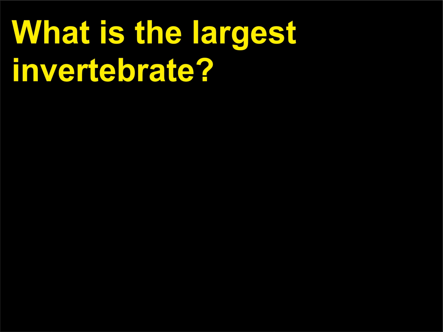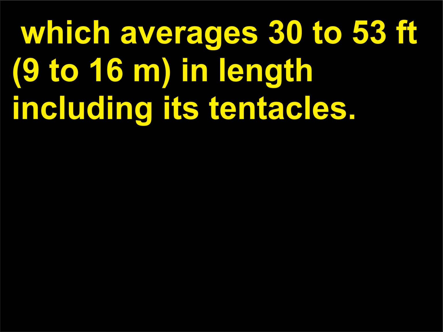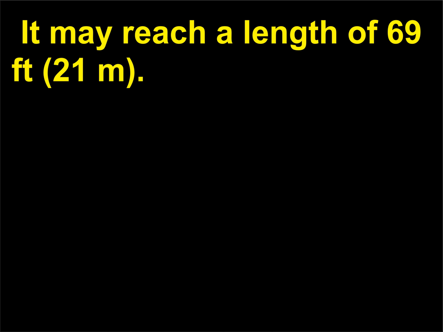What is the largest invertebrate? The largest invertebrate is the giant squid, Architeuthis dux, which averages 30 to 53 feet, 9 to 16 m, in length including its tentacles. It may reach a length of 69 feet, 21 meters.